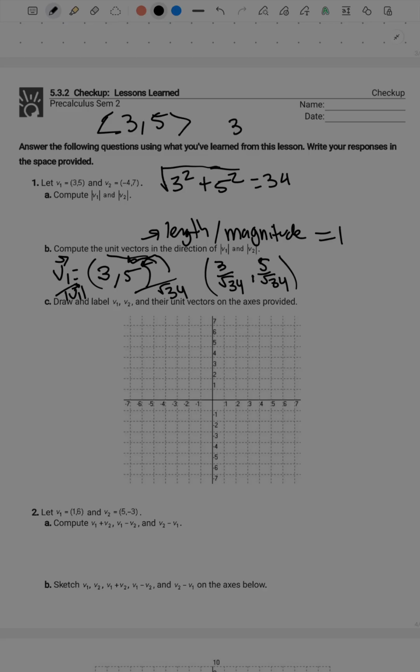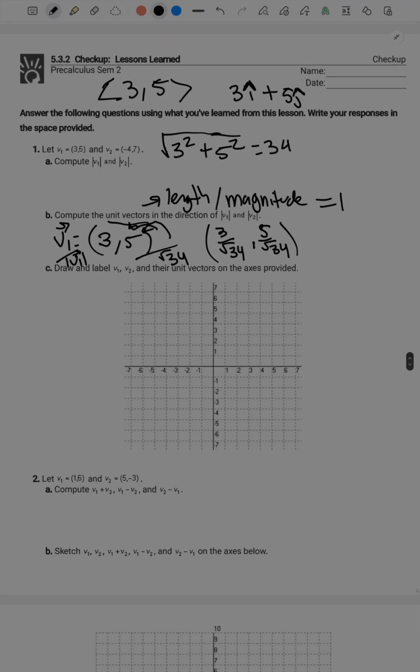Or sometimes you'll see this other notation where it's saying 3 times i plus 5 times j. It all means the same thing. The little caret on top typically means unit vector, so length of 1. But that's more just notation stuff and not super important. It's best to stay consistent with whatever your textbook says to do.